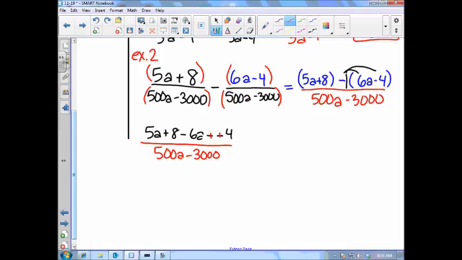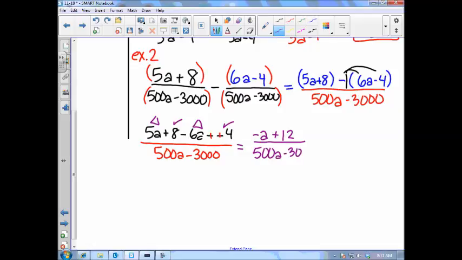What are you doing? There it is. Combine like terms. We have 5a minus 6a is how many? -1a. Now you can write the -1, but you can also write just -a. That's the same. And then we have 8 plus 4, which is a positive 12.